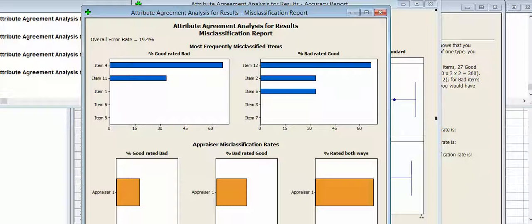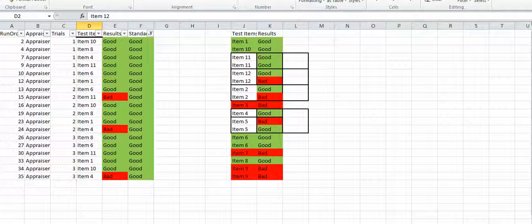Moving into percent bad rated as good, we have issues with item 12, item 2, and item 5, and we missed probably 2 out of 3 on item 12. Let's go back to Excel and validate this.